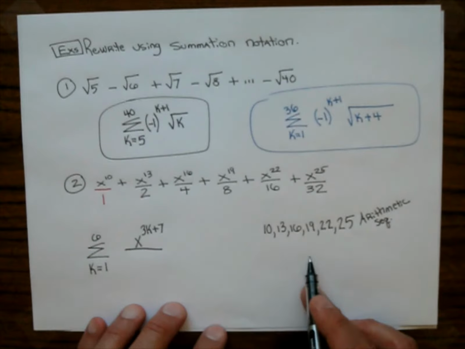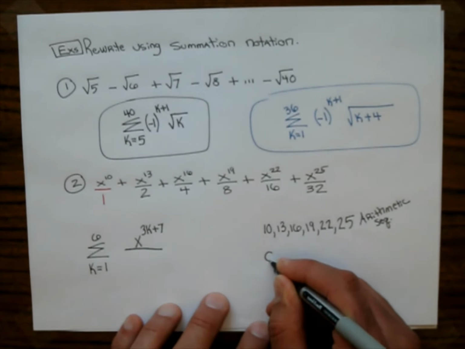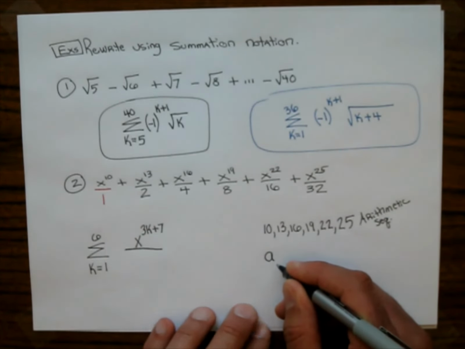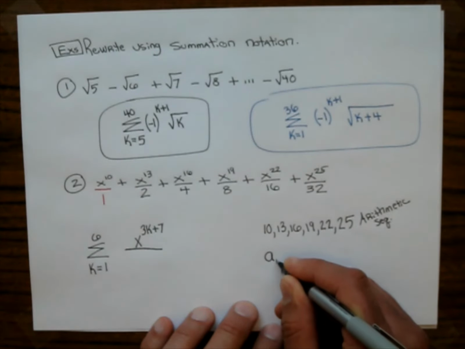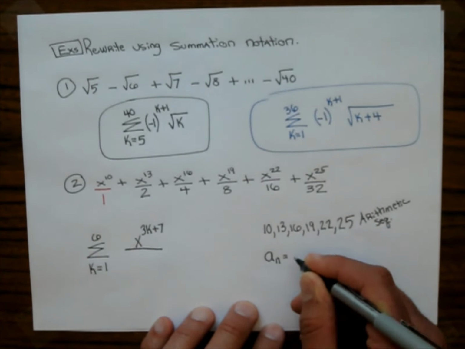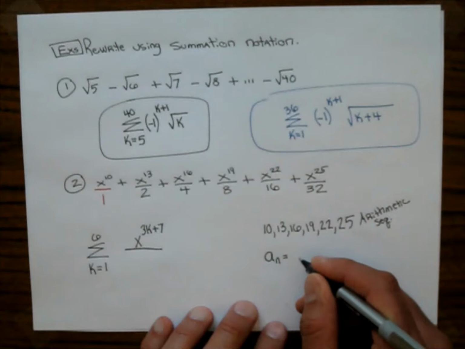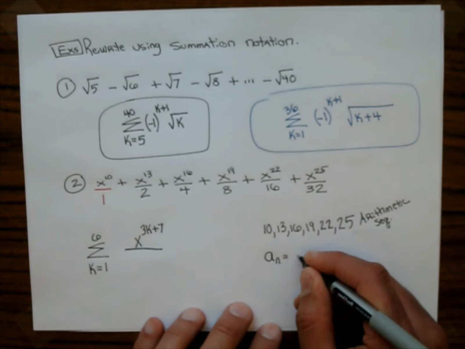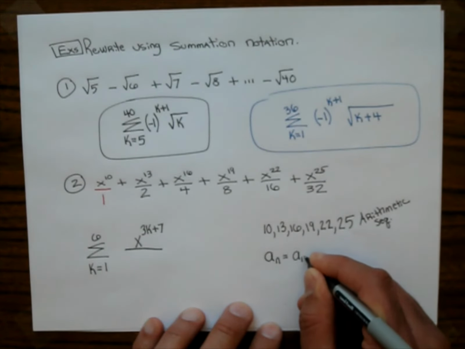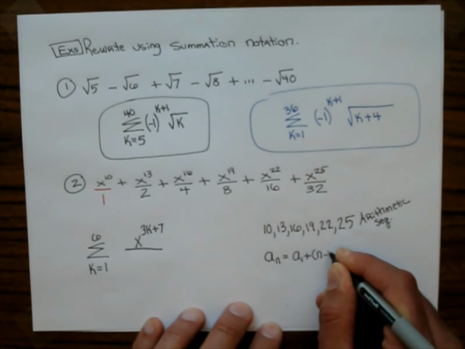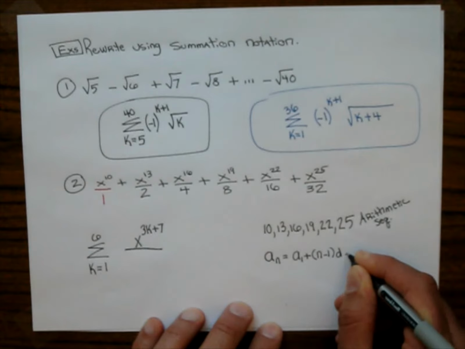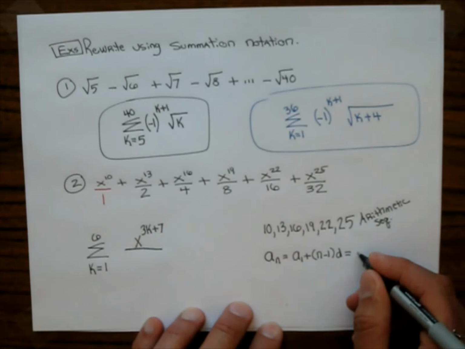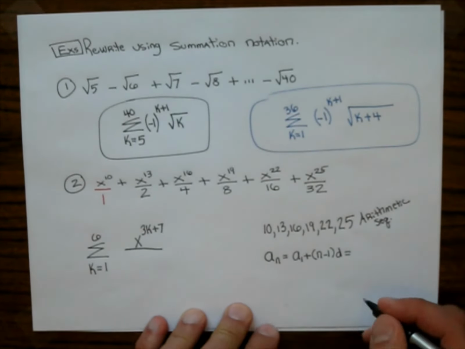Now, if you were not satisfied with that, there was a formula that we did in the last section, which said a sub n equals, what was it? It was a1 plus n minus 1 d. So a1 is the first term. I'm just showing you another way to get the 3k plus 7.